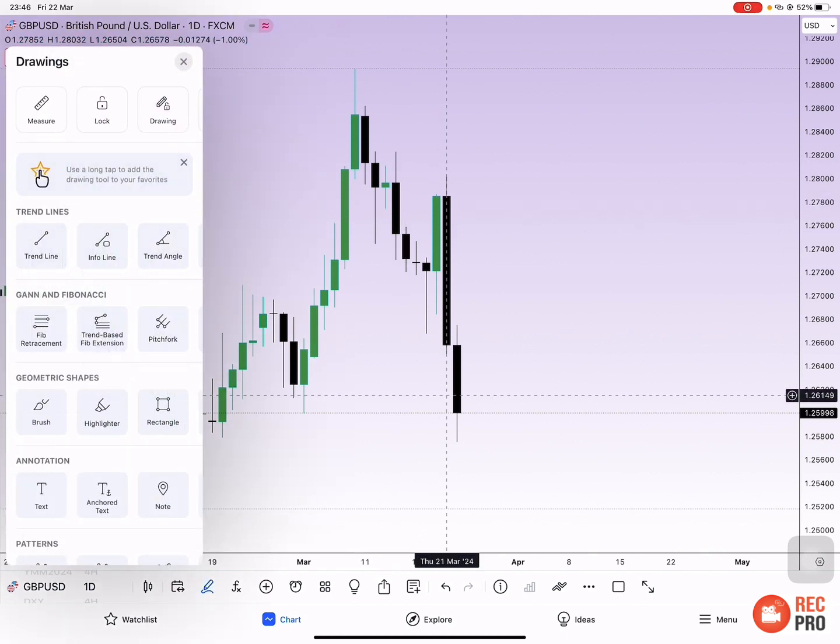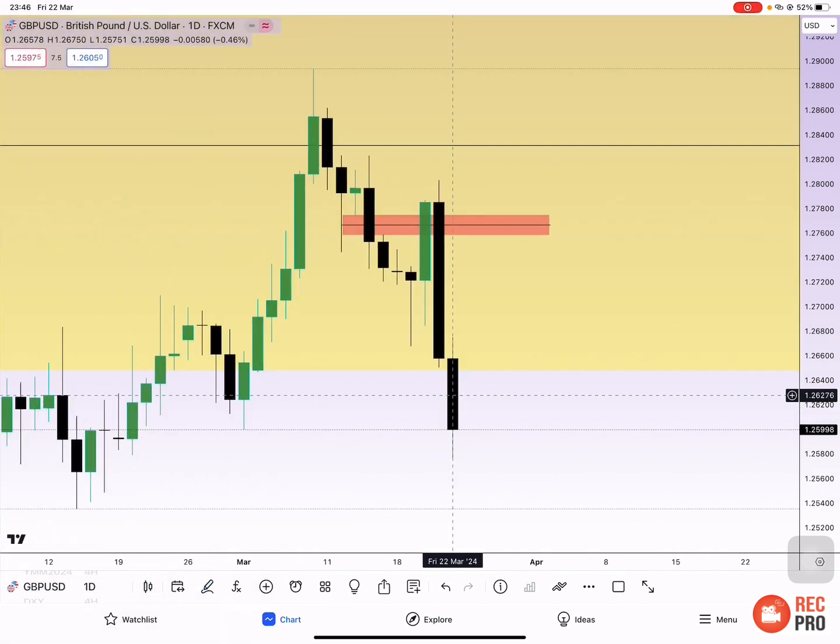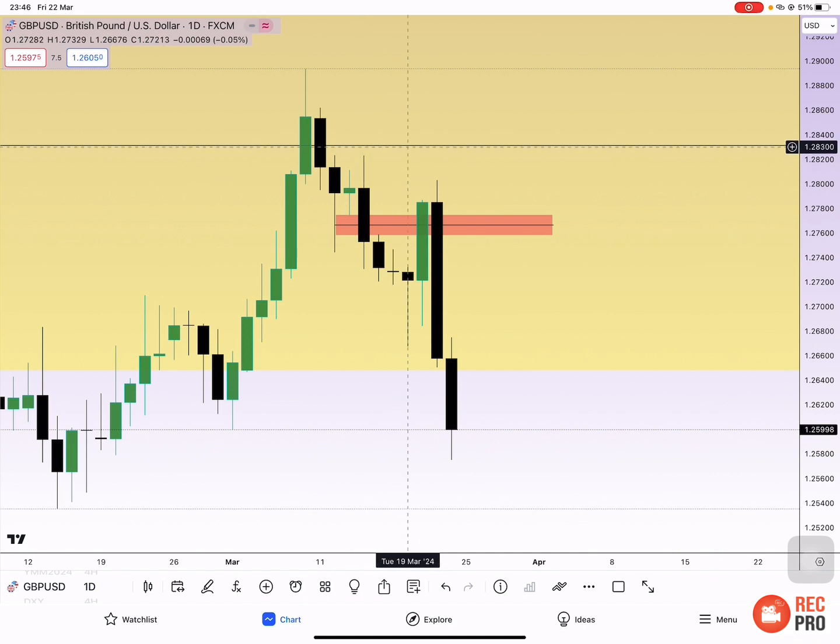Let me show you the marked zones. Yeah, here we go. So this black line is the equilibrium of the 6 months fair value gap, and it started going lower and left this fair value gap behind to tap it and then get rejected again.